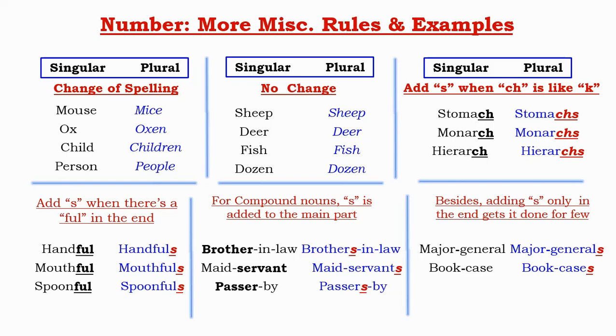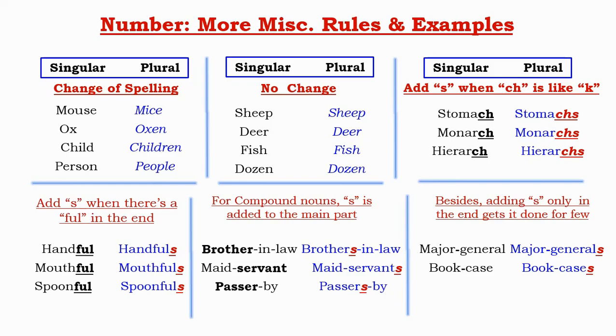In the next rule, it says to only add s when there is ful at the end of a word, such as handful becomes handfuls, mouthful becomes mouthfuls, etc. For compound nouns, s is added to the main part, such as brother-in-law becomes brothers-in-law, maid-servant becomes maid-servants, etc.